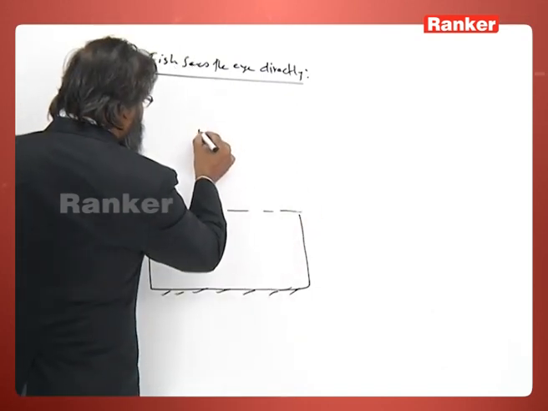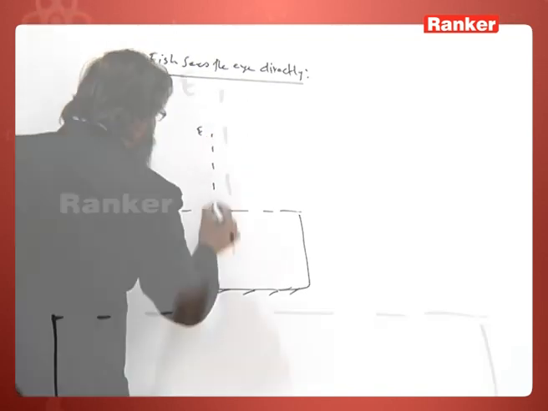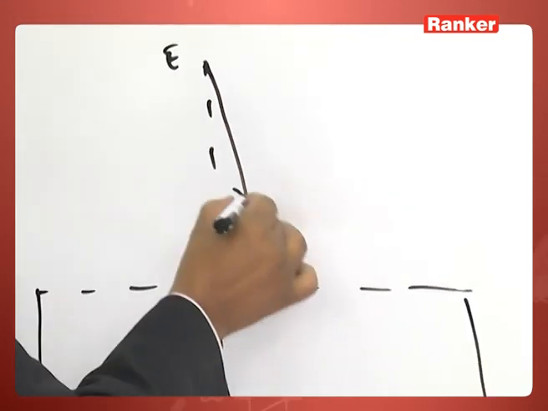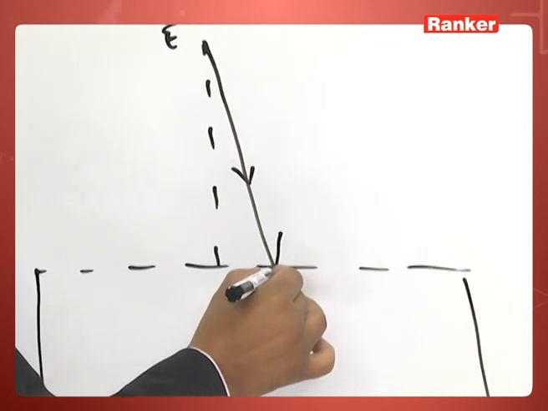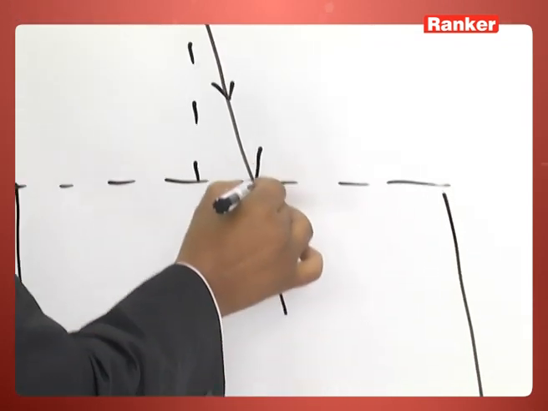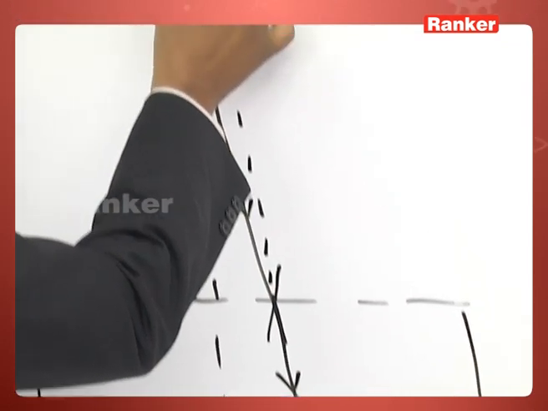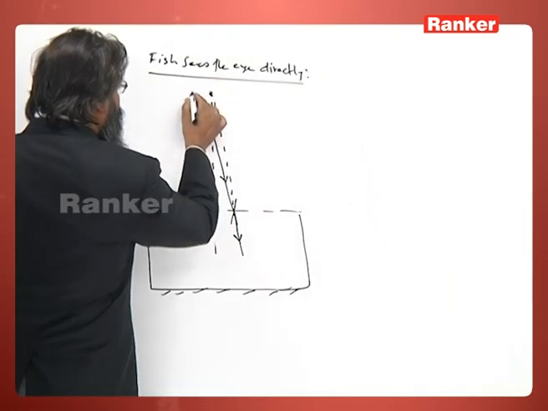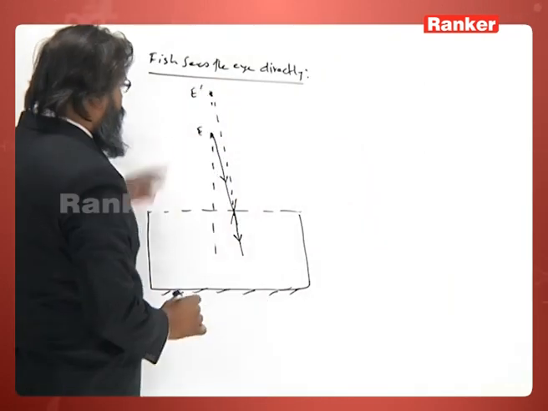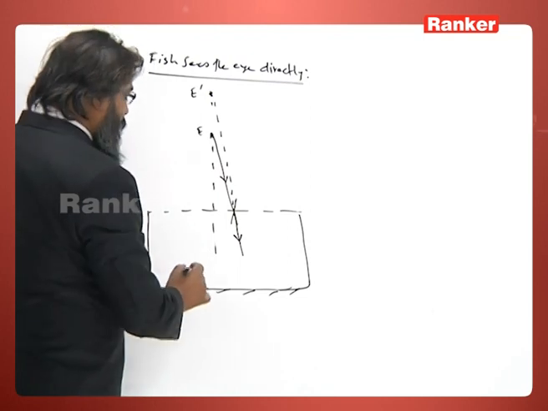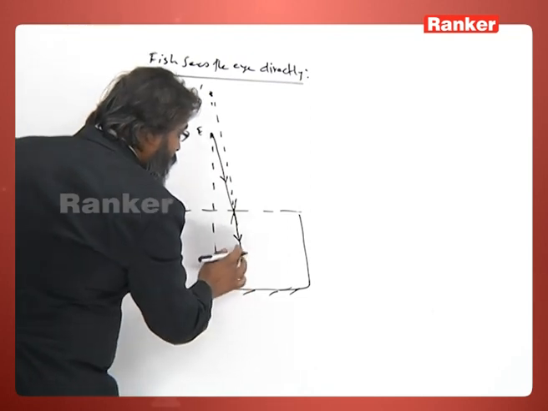This is our eye, location of eye. Now, any ray from here bends towards the normal and seems to be coming from this location. So, this is I dash, the image of the eye as observed by the fish.